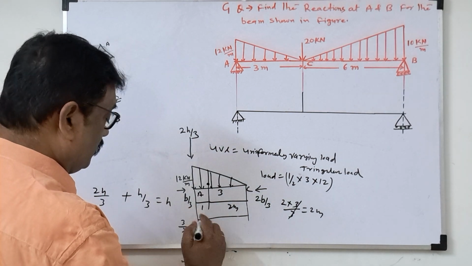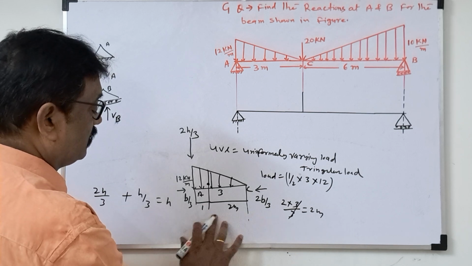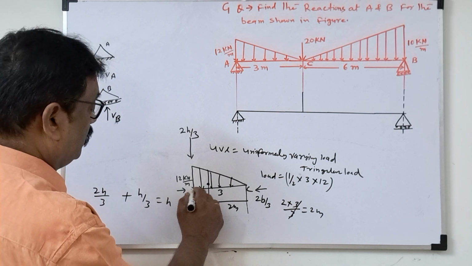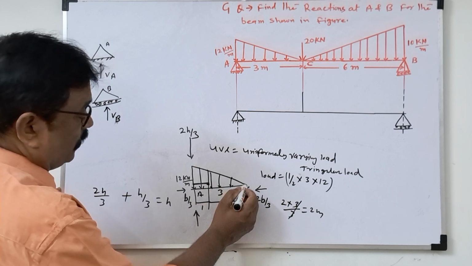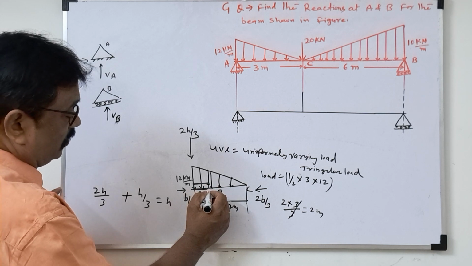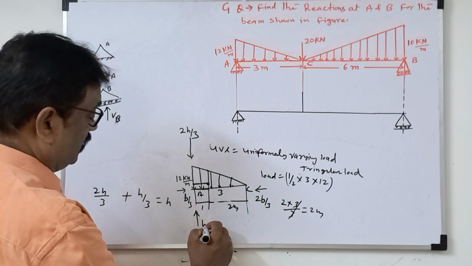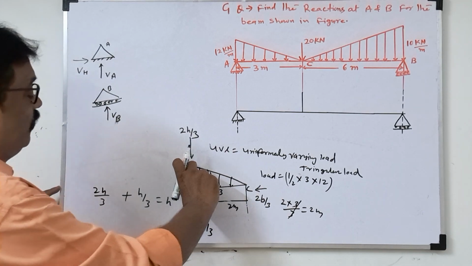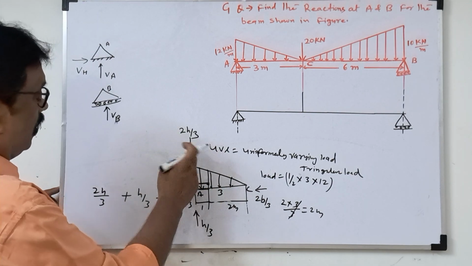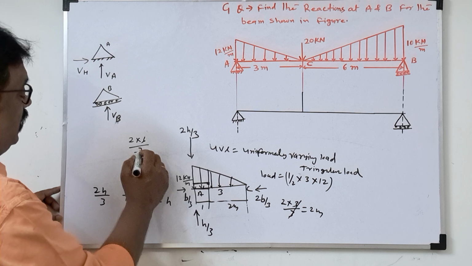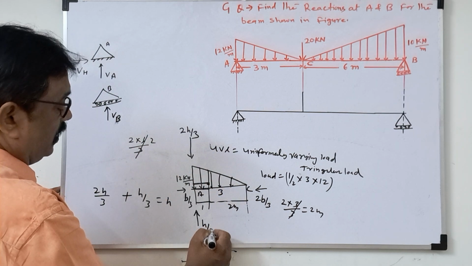If you see from the base, this is h by 3. Suppose this height is 4 or 6, you take 6. 2 into 6 by 3, what is coming? 4. So this distance is 4, and this distance is 6 by 3, that is 2.